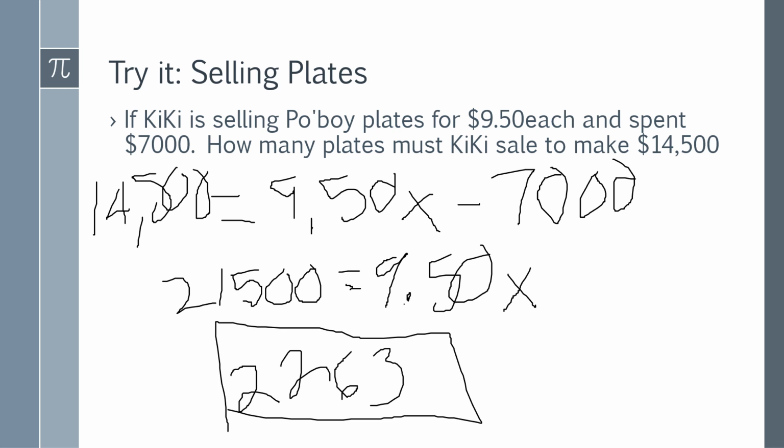I need a complete thought. So you can say that Kiki needs to sell 2,263 po' boys to make $14,500. That's how you do that problem.